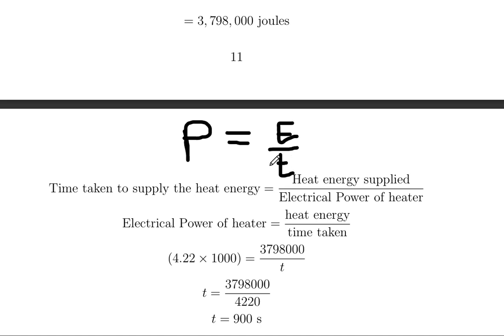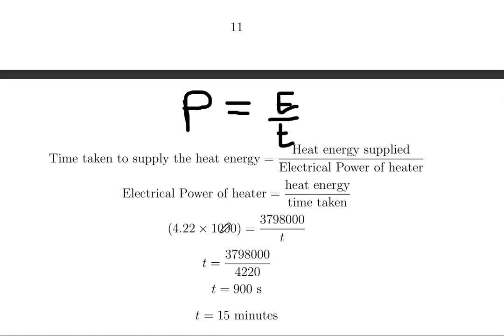So when you cross multiply, the t will come to this other side and the P will come down. So the time taken to supply the heat energy will be the total heat energy divided by the electrical power supplied by the heater.